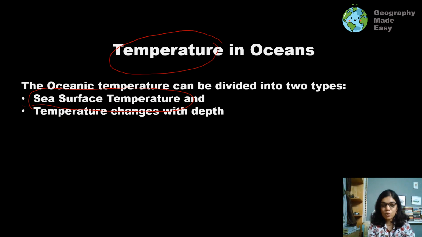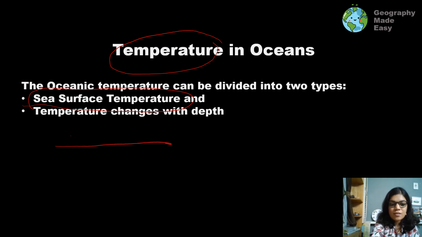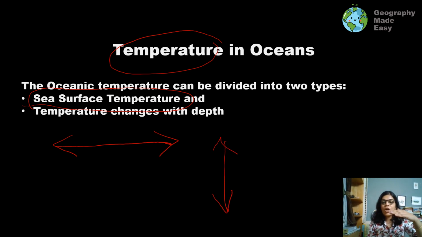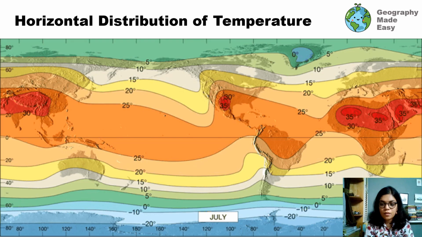That is, as we go down, the temperature changes. So one is on the surface and the other is a vertical surface. So we have the horizontal surface and we have the vertical surface. We will look at temperatures of both these conditions of the sea.